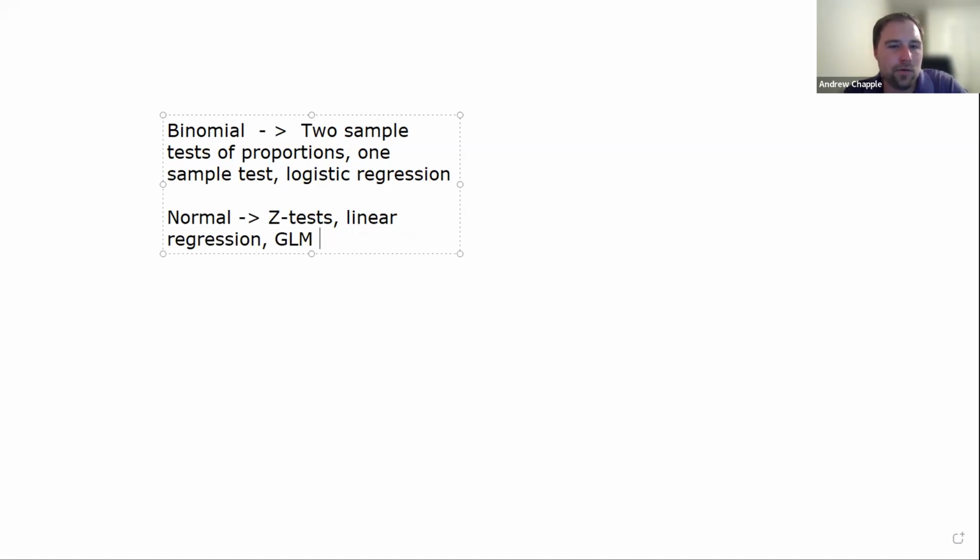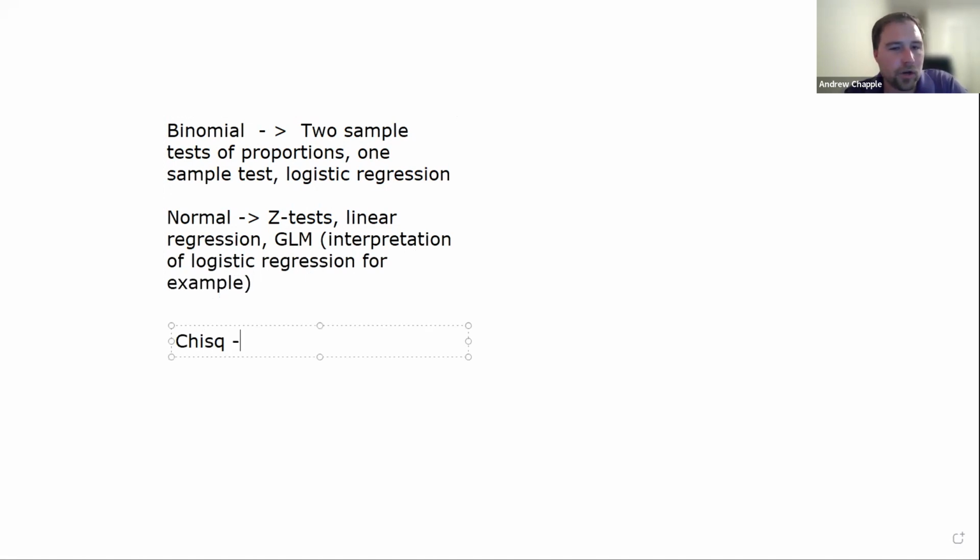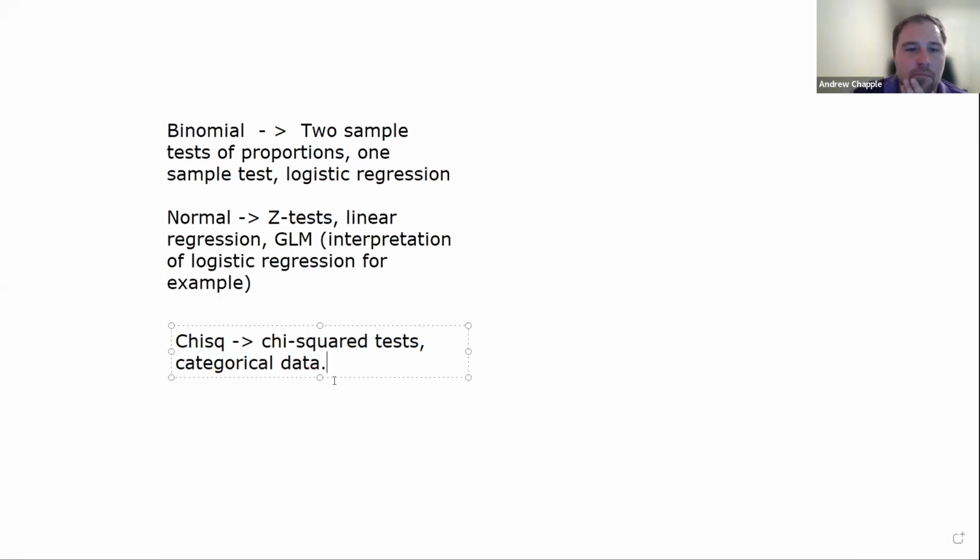That would be, for example, interpretation of logistic. And then chi-squared is going to be important for chi-squared tests, categorical data, and model building.